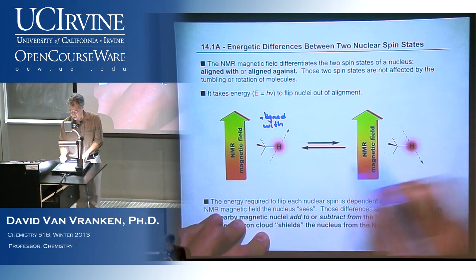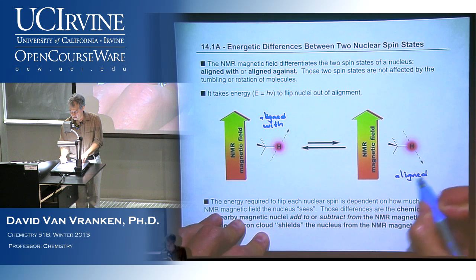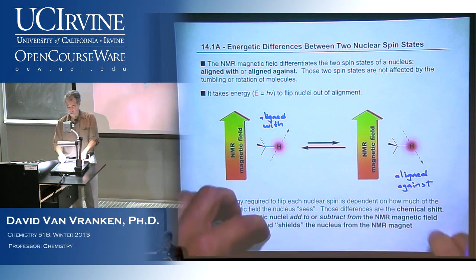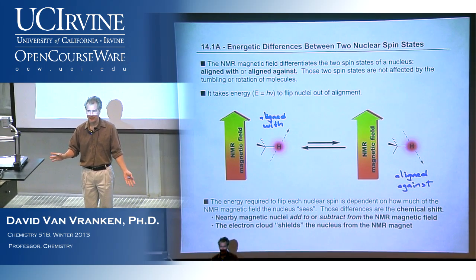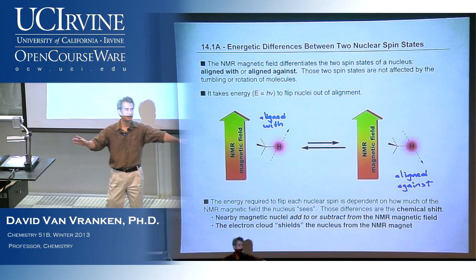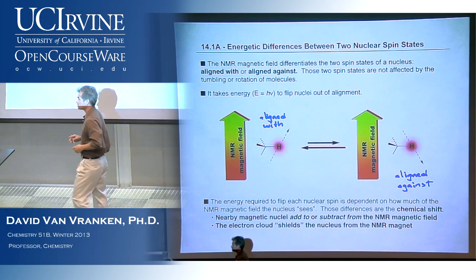But the alternative is that you can be aligned against the magnetic field. And again, this is where quantization of states is so mind-bending. What happens if they're halfway aligned? No, don't go there. It's quantized. You're aligned with or aligned against, and those are the only two choices.